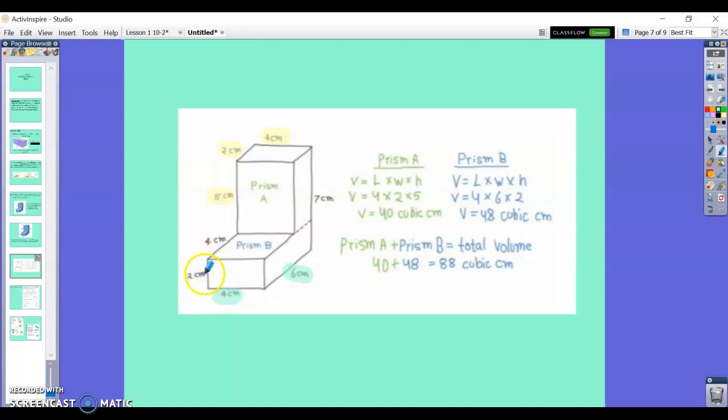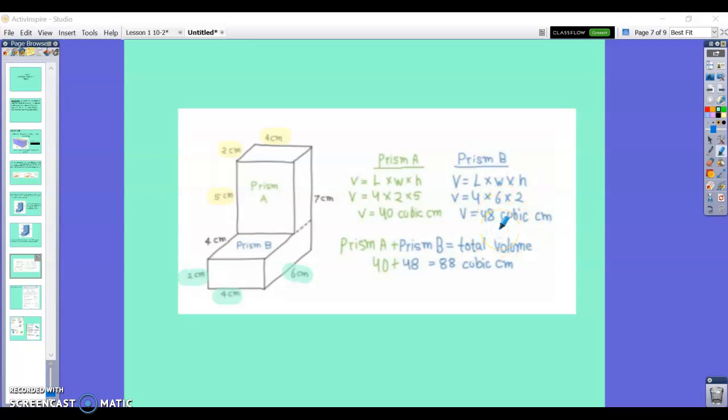And 2 centimeters takes up the height of my prism. So I'm going to be multiplying 4 times 6 times 2. I know that 4 times 6 is 24, and 24 times 2 gives me 48 cubic centimeters.